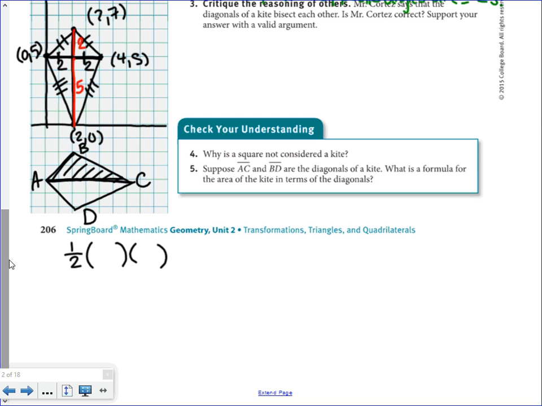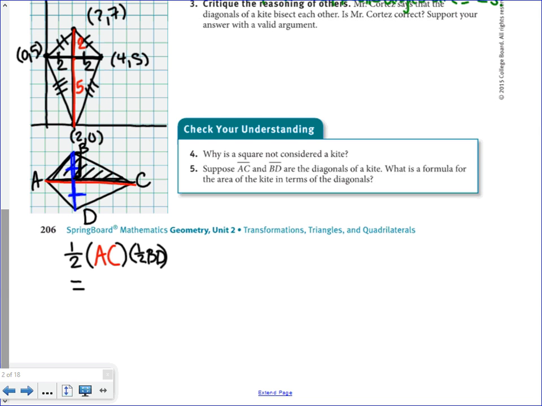The base on this triangle is AC. The height of the triangle is half of B to D, because we know the length of BD, and we know that this segment here is half of that.